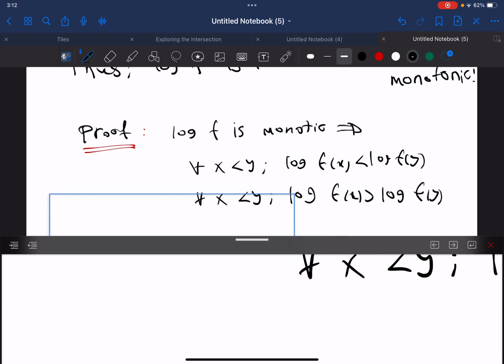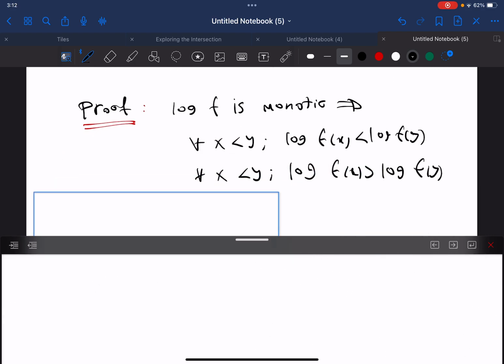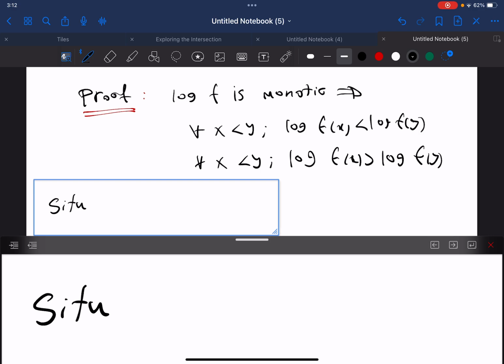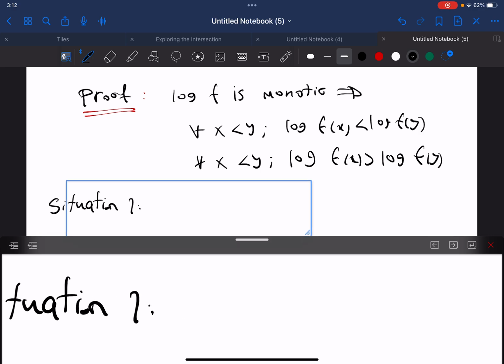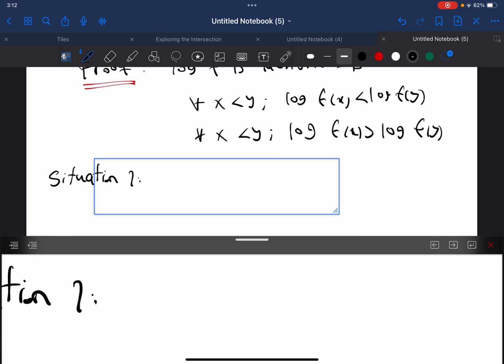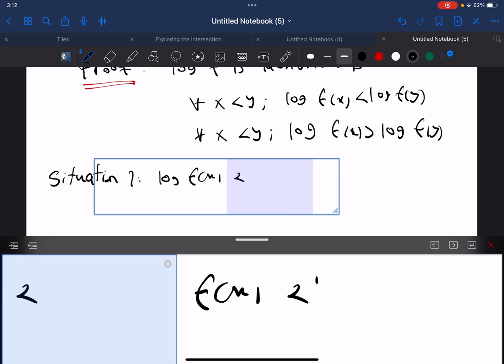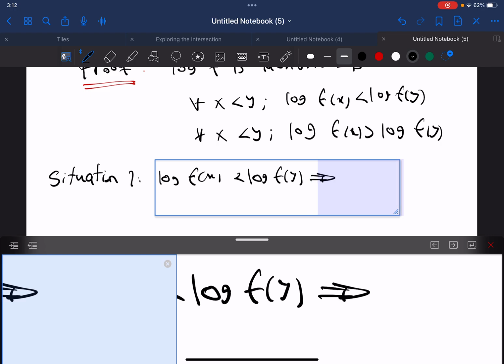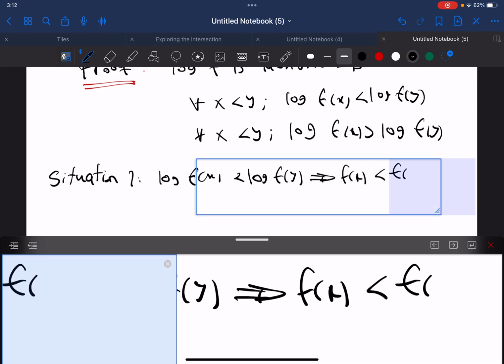So if the first situation happens, situation 1, since log is increasing, I know that if log of f of x is less than log of f of y, then f of x is less than f of y.